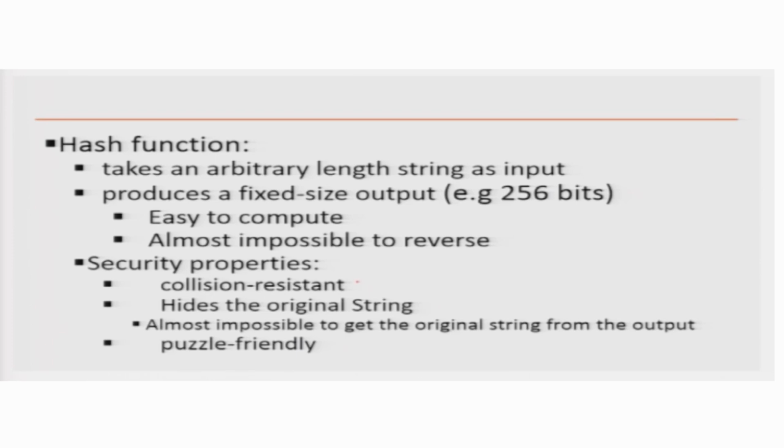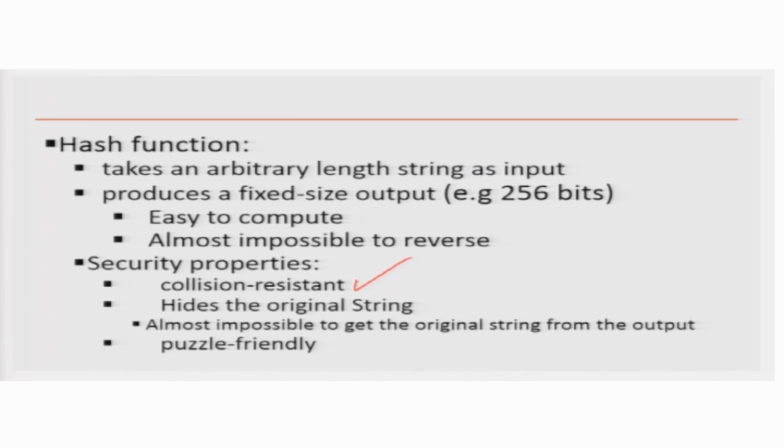So, one important property is collision resistance. I will explain what collision resistance means in a few slides down, but collision resistance is one of the most important properties of hash functions, and we will see why. And certainly, it hides the original string. So, if you are going to say I want to prove I know the string, but I do not want to tell you the string, then what I can do is send you the hash, and the other party should have a way to check that this is the hash of that string.